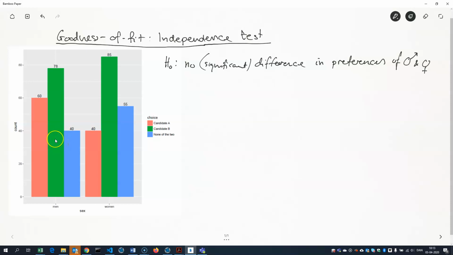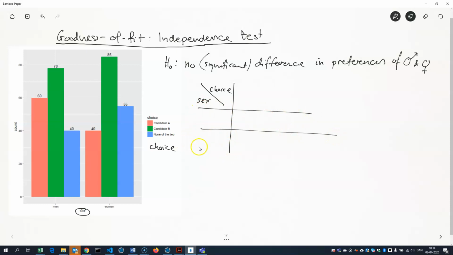So how do we carry out this test? Well, first thing is to notice that we have two different factors, if you like, two different categories. One is the candidate, or the choice, and the other one is the sex of the voter. So we can arrange these into a table like this.